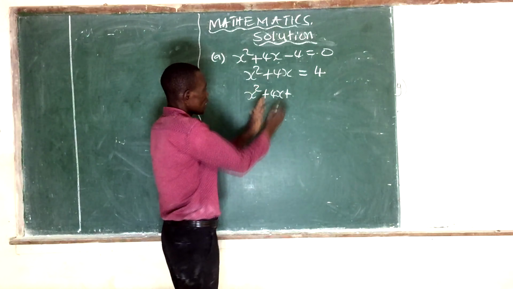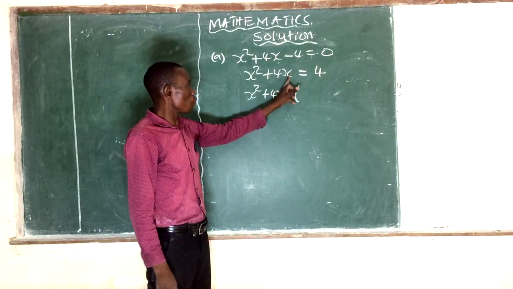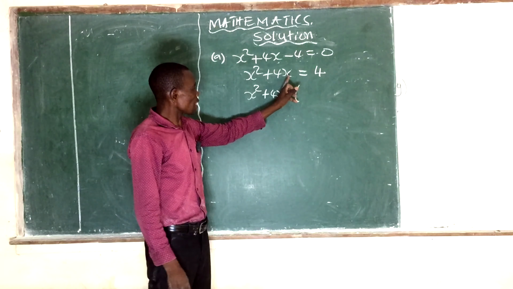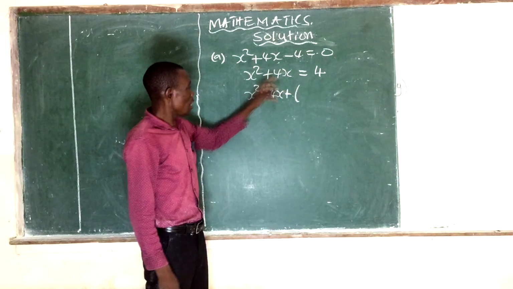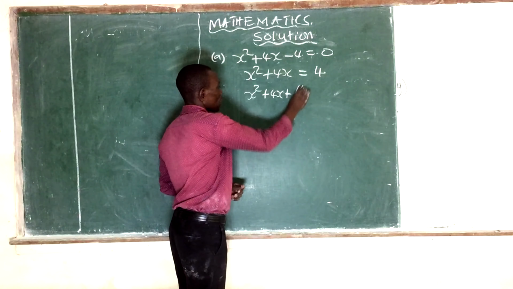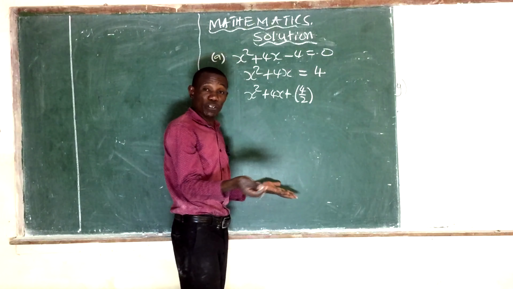This term comes from the coefficient of the non-quadratic term. In this case, we talk of a 4. That has to be halved, or divided by 2, or multiplied by half. That's the language you can use.